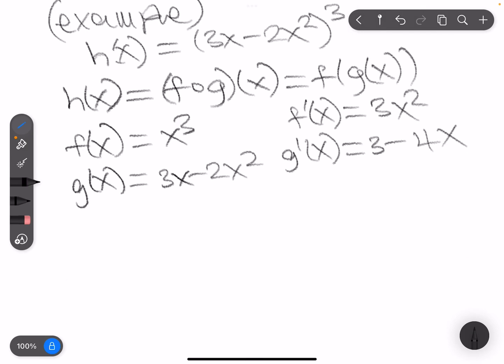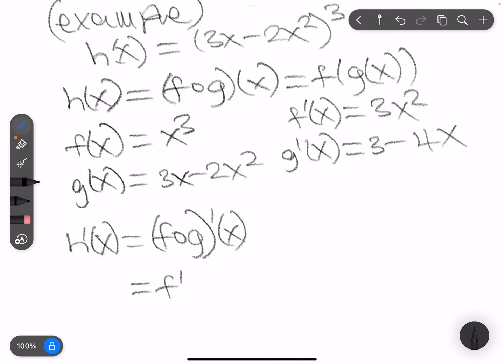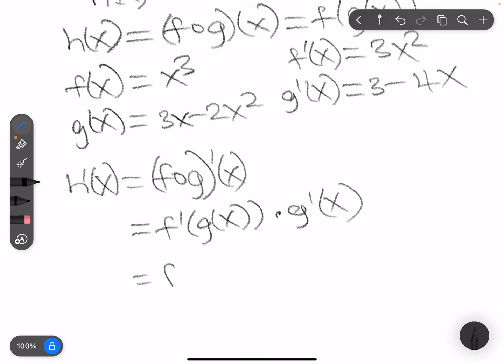What does this mean? This means that by the chain rule, h prime of x is going to be the derivative of this composition. And remember, when we take the derivative of a composition, we're using the chain rule. This is going to be f prime of g of x times g prime of x. So in our case, this is going to turn into f prime of 3x minus 2x squared times 3 minus 4x.